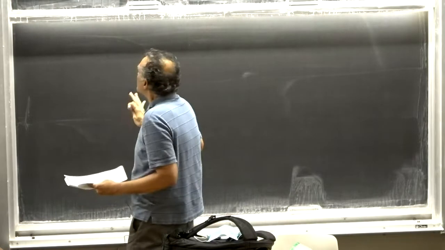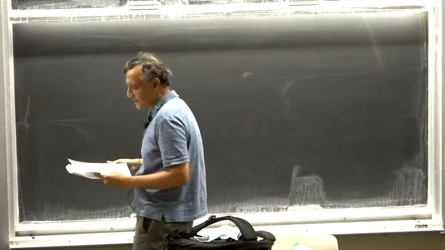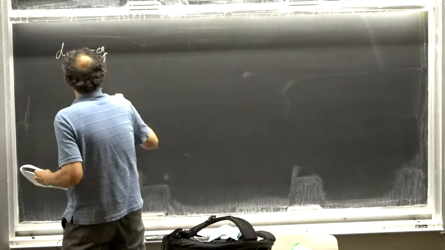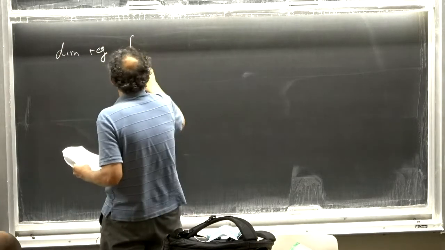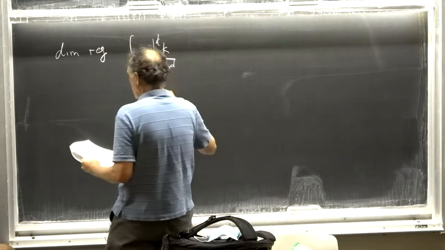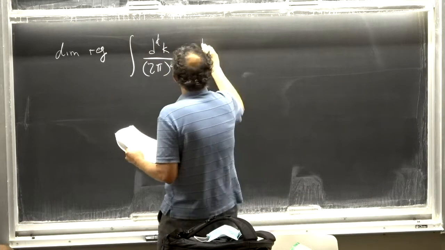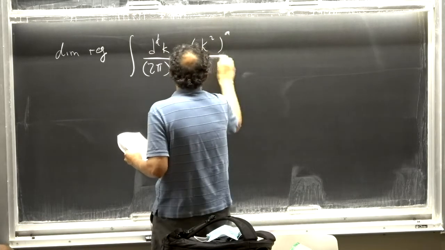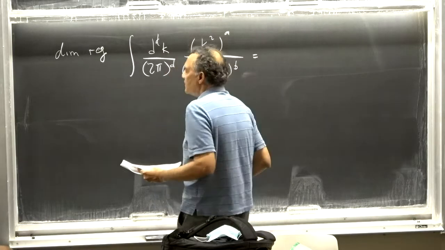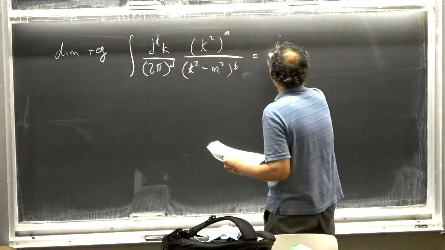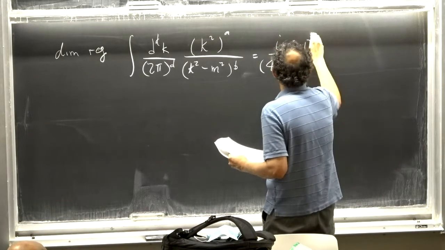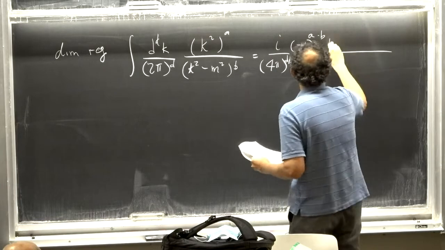OK. So the answer to all problems is dimensional regularization. And let me just write the answer down. So this is, OK, you can go look this up. And OK, the formula is not too important, but anyway, let me put it down. What is it?